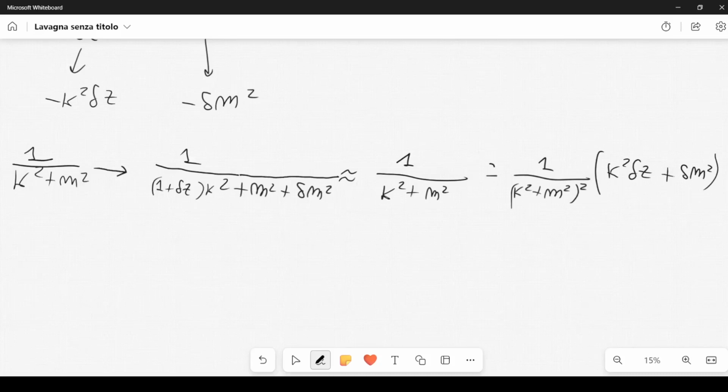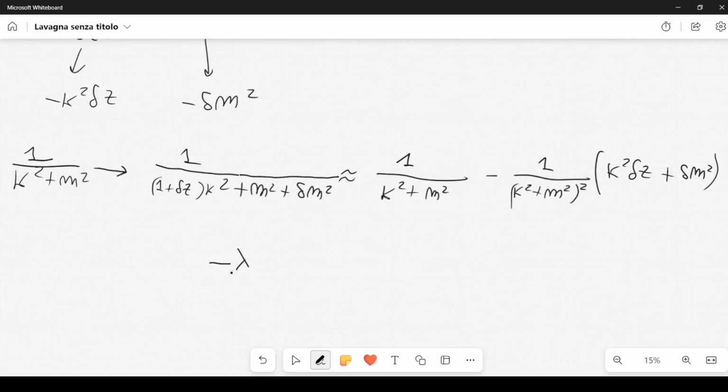Now you can see here that we have this minus sign together with k squared delta z and also minus delta m squared. Whereas this factor that we have in front, if you remember when we found the corrections to the propagator, we also had such a term that multiplied an integral of the following kind.